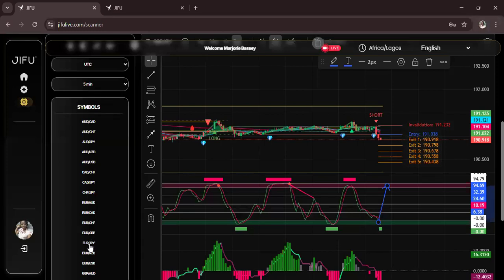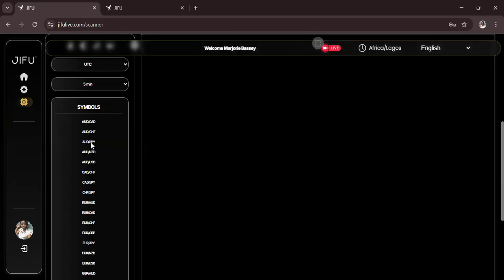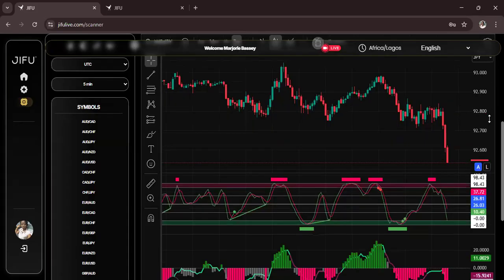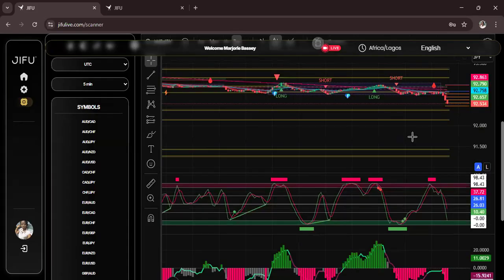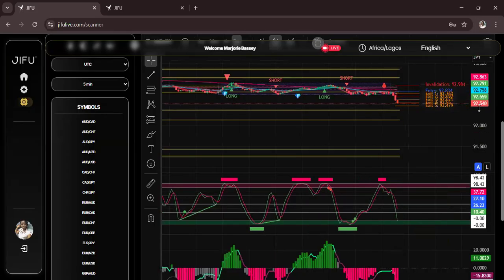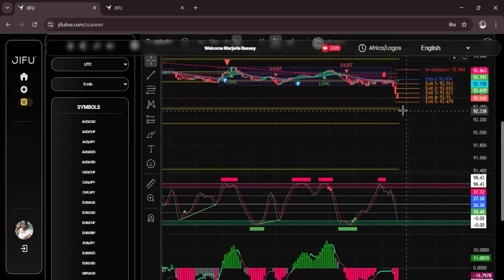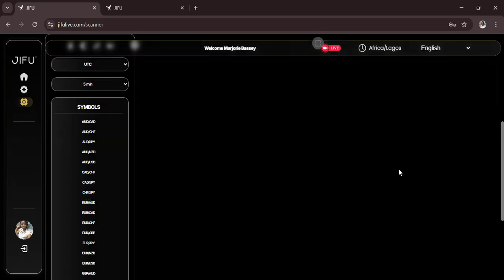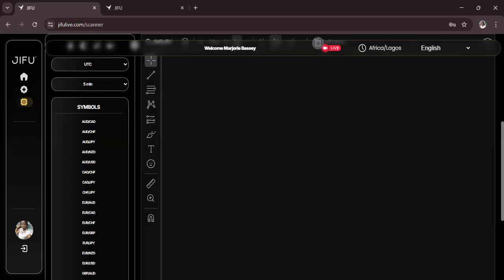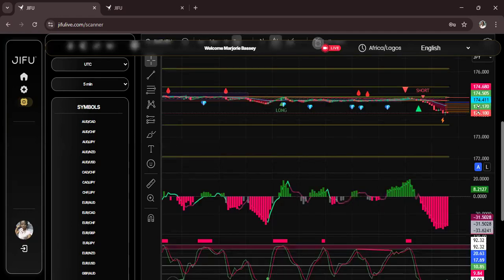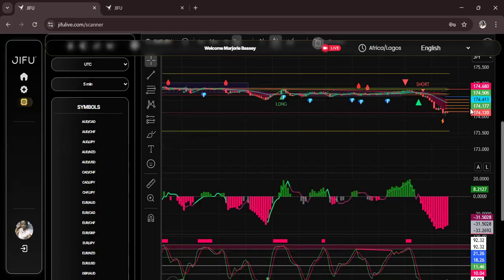So let's see. I assume all the JPY pairs are the same. This one, AUD JPY, I don't take AUD JPY, but it's already at exit 4, getting to exit 5. Even the CHF JPY, we were told to discard it because it didn't get to our zone before it started selling.